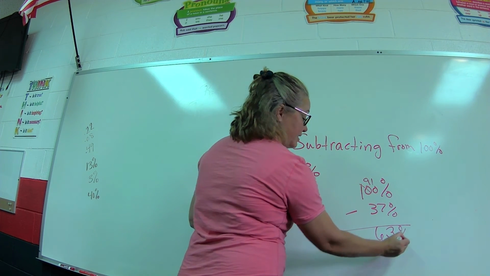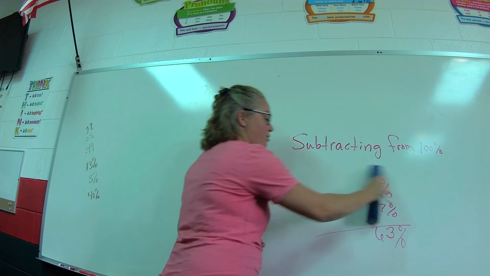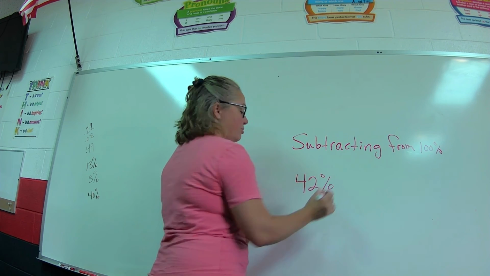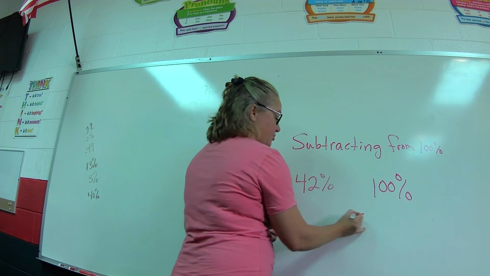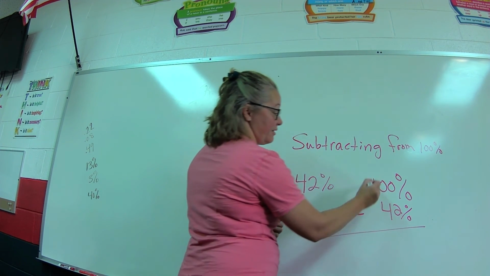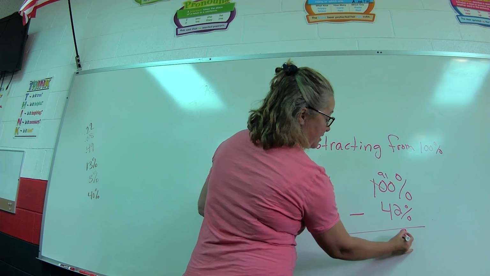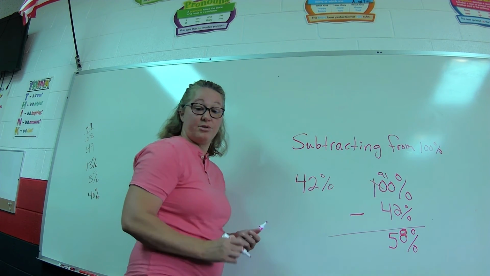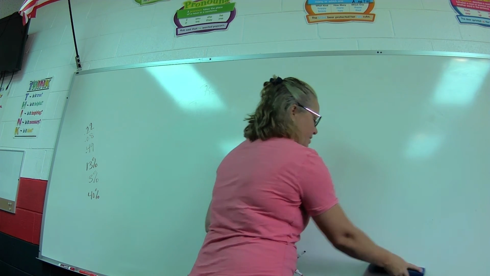You'd have 63% left. Let's do two more. Say we're taking 42% away. So let's start with 100% and subtract 42%. And what would we have left? That's 8, and that's 5. 58% left.